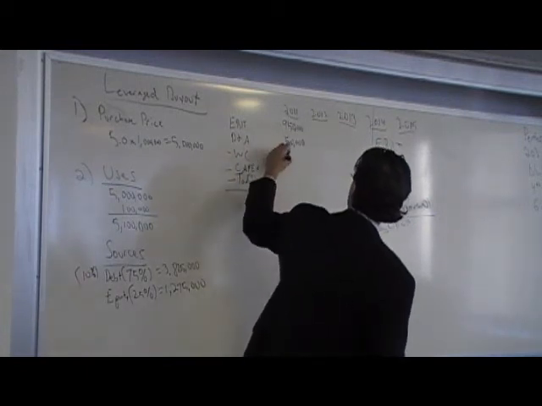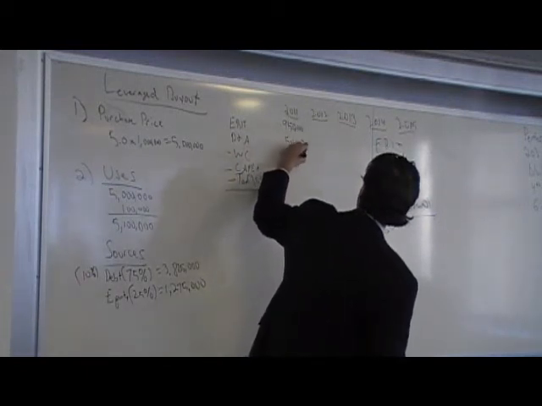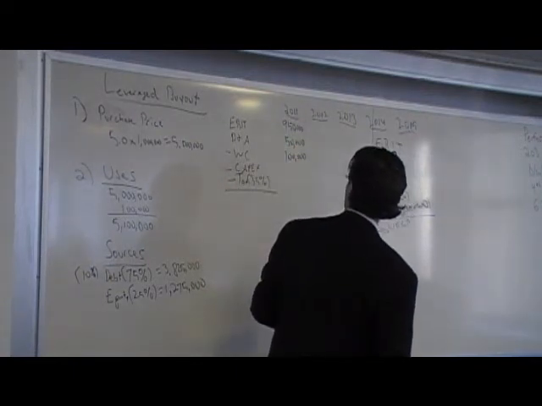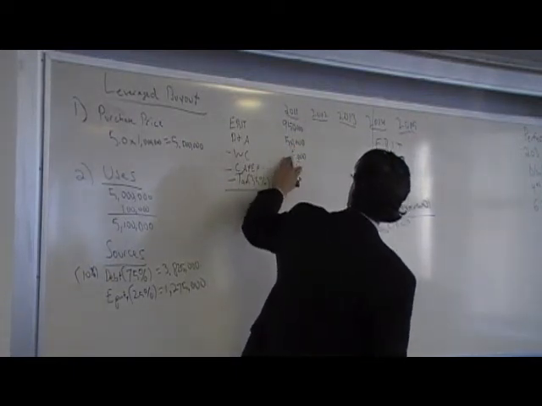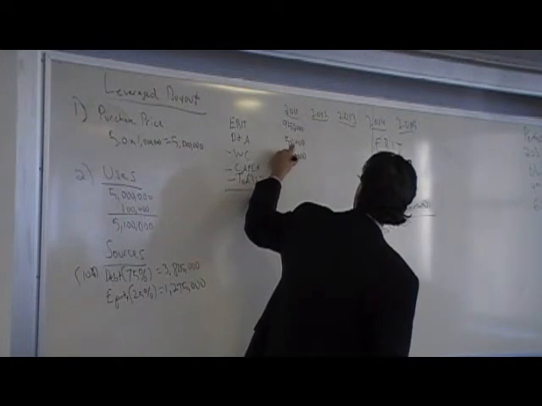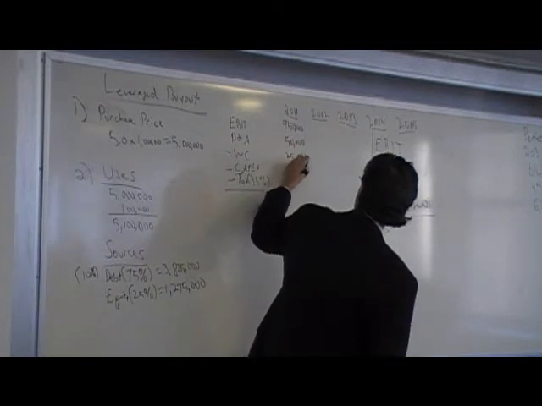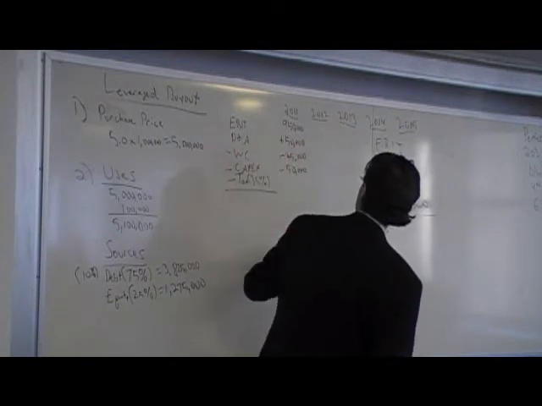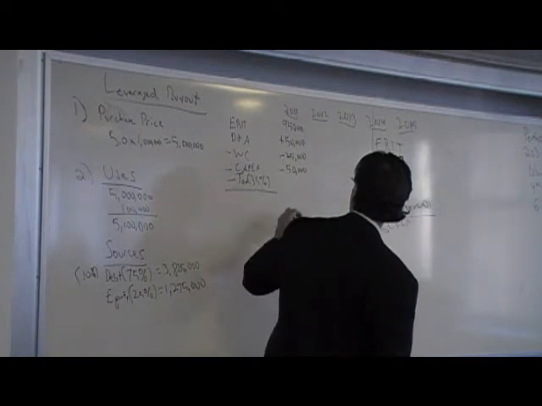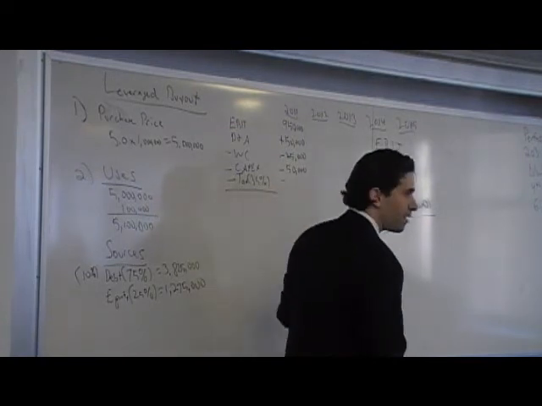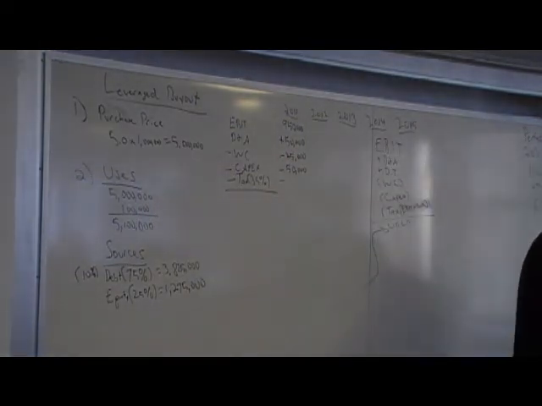Let's say working capital is 100. No, let's say working capital is 25. CapEx is another 50. It's minus, minus, plus. And taxes is 35% of that, whatever that is.